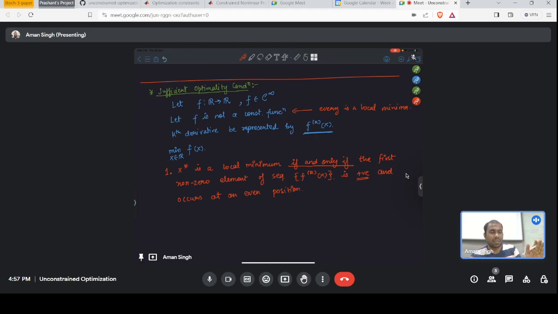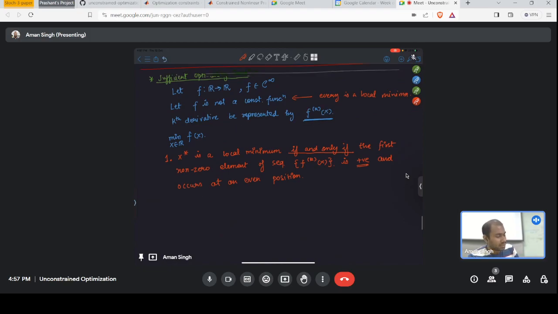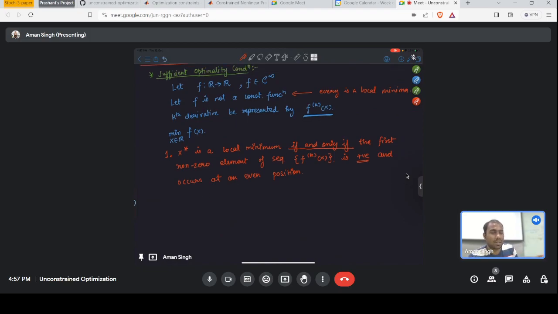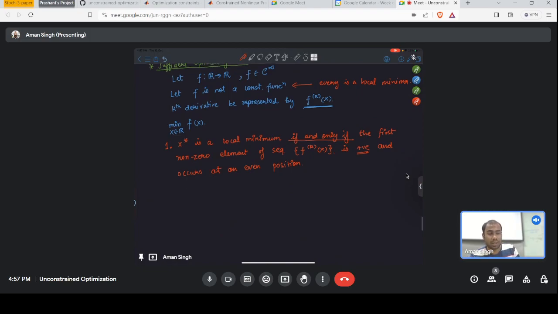So let's say first derivative is indexed 1 and subsequent 2, 3, 4, 5, etc. Then the first non-zero derivative should be positive and should come at even position. Then we can say that that point is a local minima, and it is an if and only if condition, so it is necessary and sufficient.